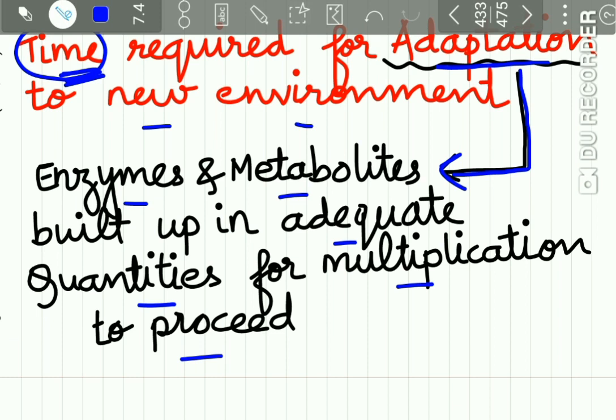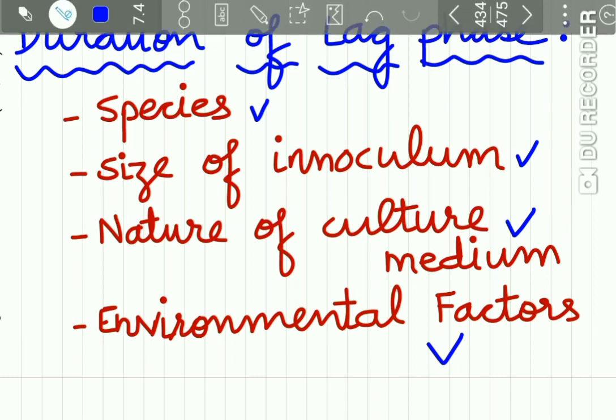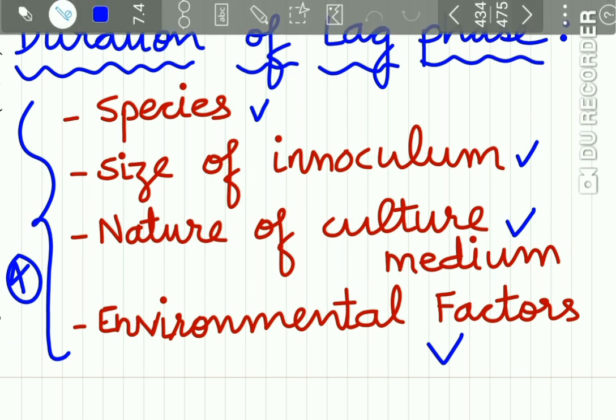So this results in lag phase, and the duration of the lag phase depends upon the species of the bacteria, the size of the inoculum, the nature of the culture medium and certain environmental factors such as temperature. So these are the four factors on which the duration of the lag phase depends.